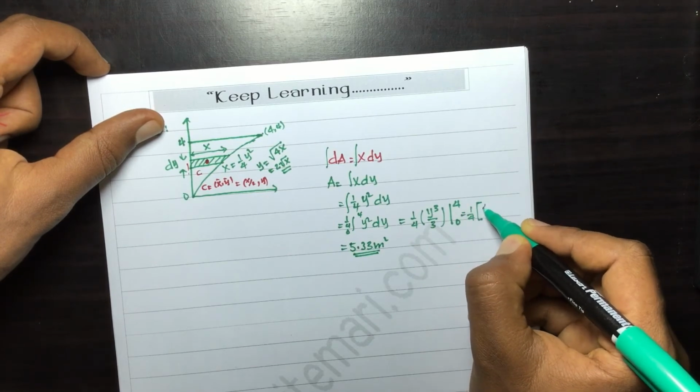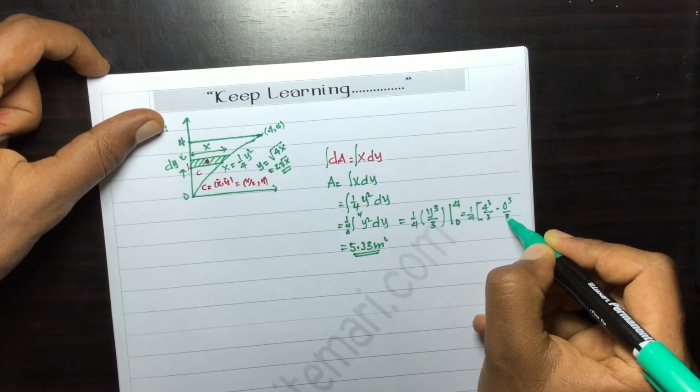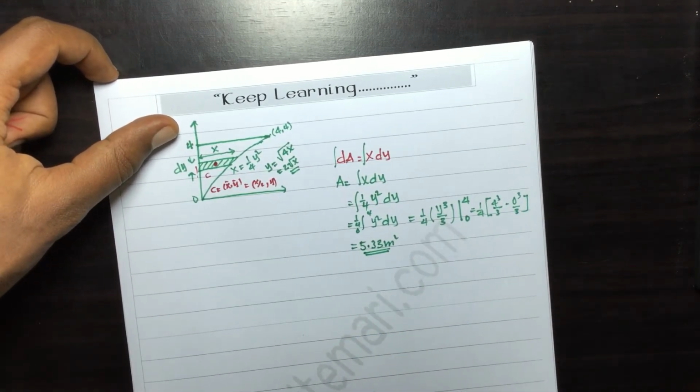Substitute 4, which means 4 cubed over 3 minus 0 cubed over 3, so we get 5.6.